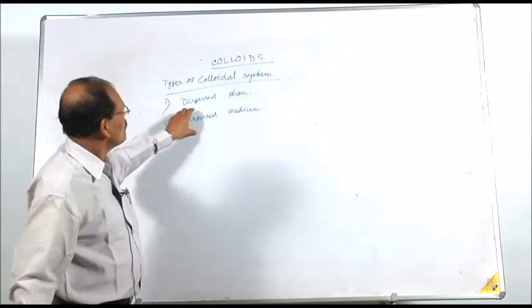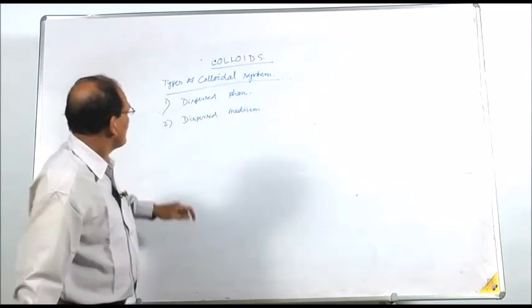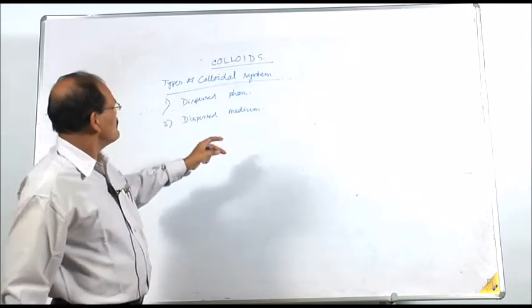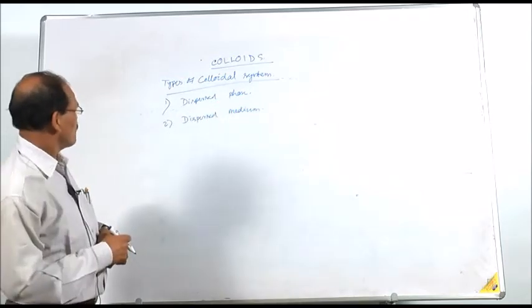Medium means which is taken in bulk, and dispersed phase is the amount which is present in very less quantity.